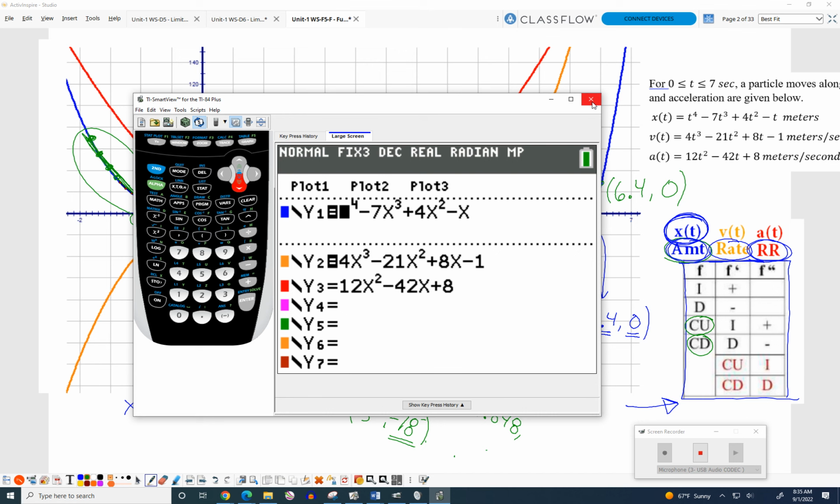Calculator go first. It's your window. It doesn't even know what window it is. You know what window it is?